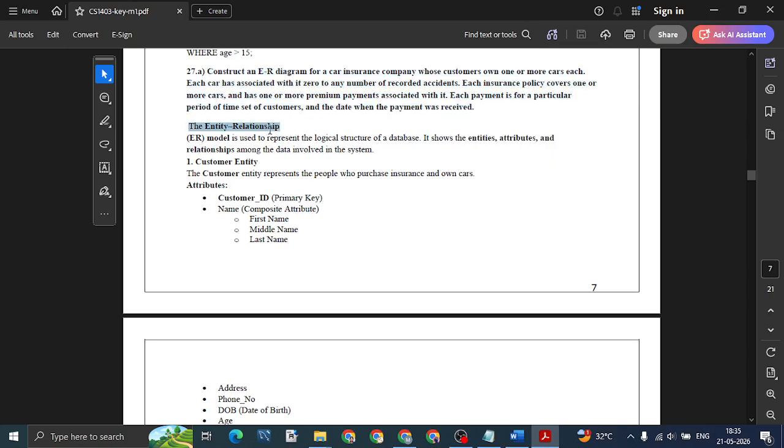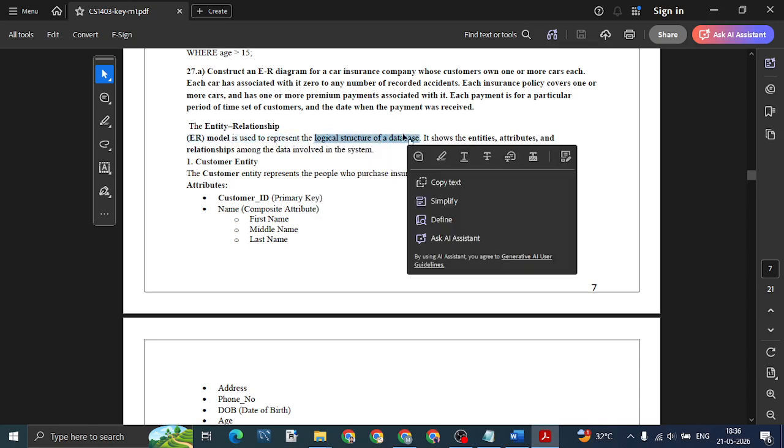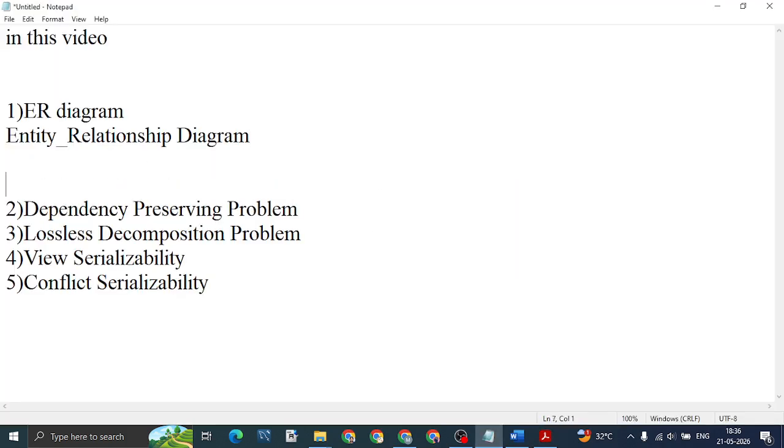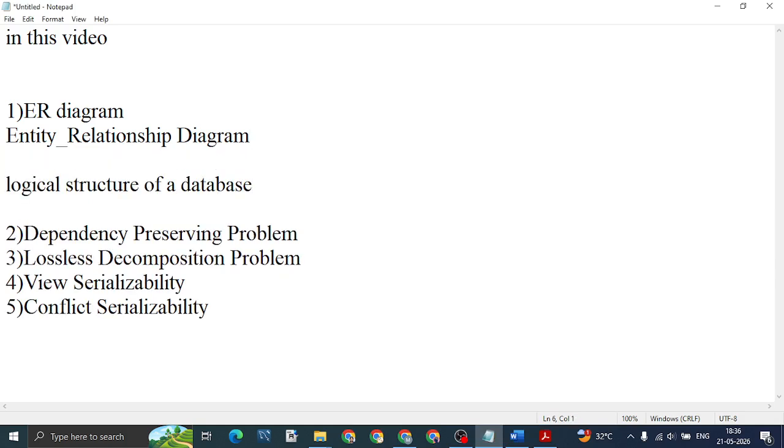So in the ER diagram, the first and foremost thing you are going to provide is the logical structure of your database. So what is the logical structure of your database?